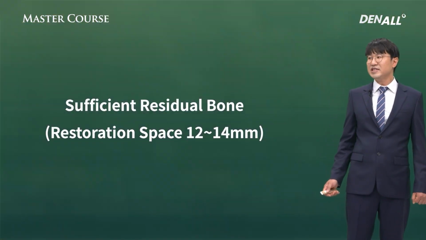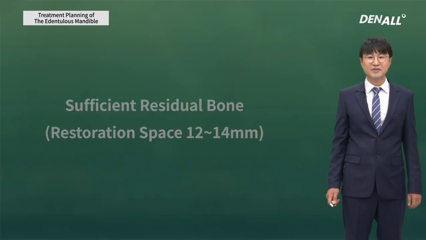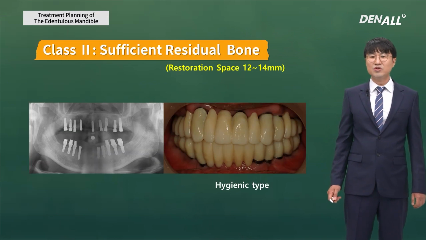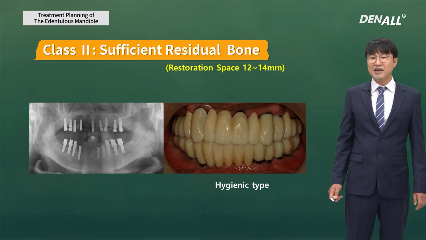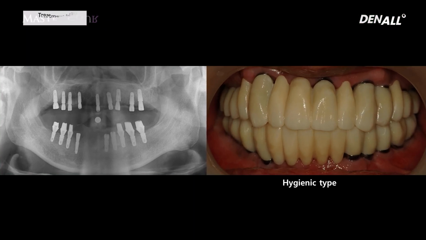If you have sufficient bone and space is 12 to 14 millimeters, then these are the cases. If the patient wants fixed prosthesis, then if it doesn't impact the smile line, or even if there's a smile line impact, if you sacrifice aesthetics, I would prefer the hygienic type.